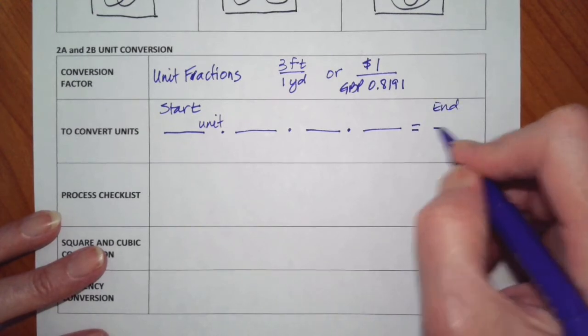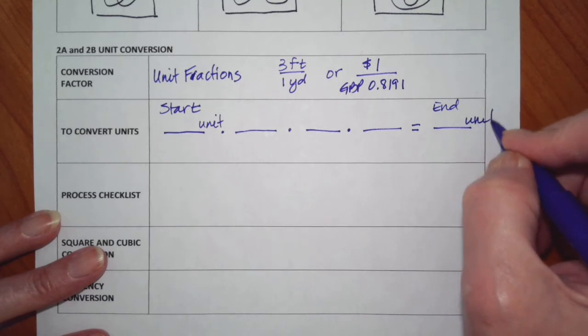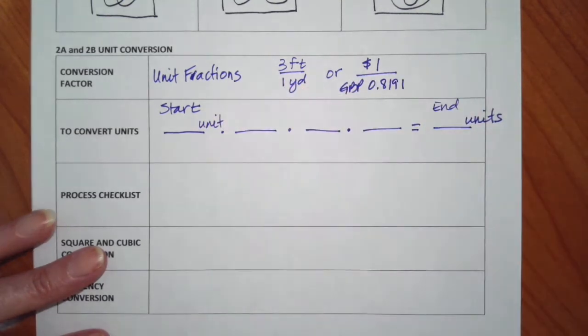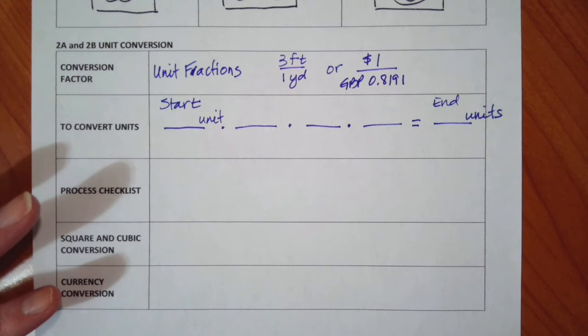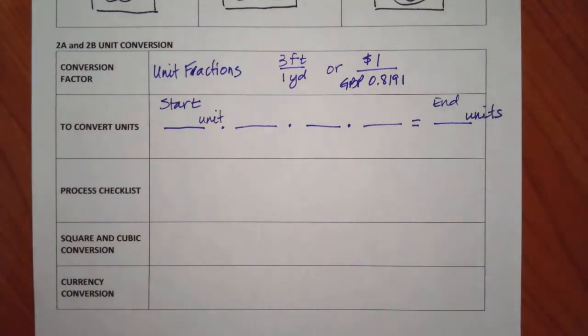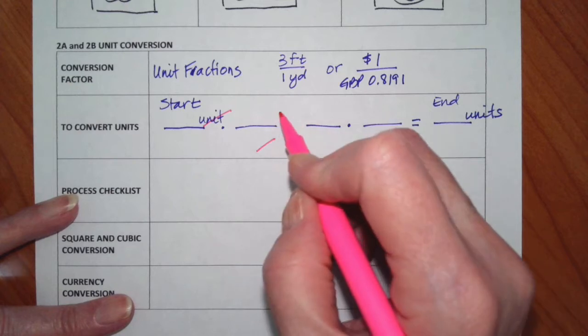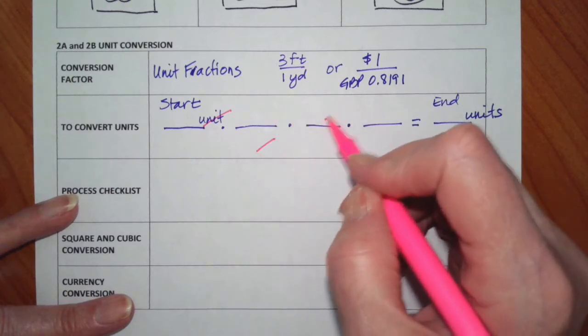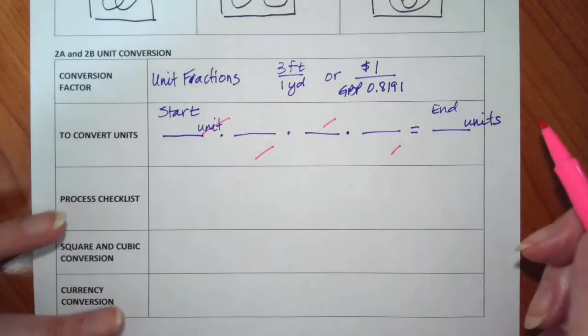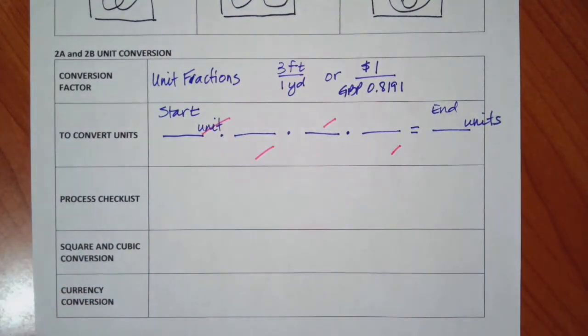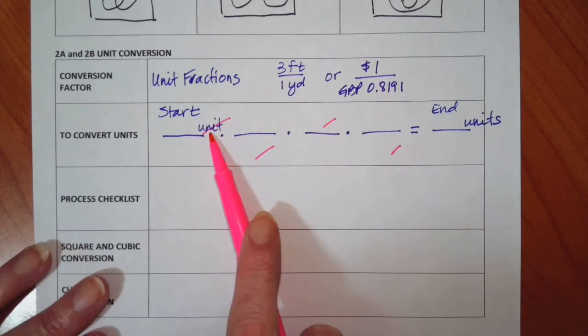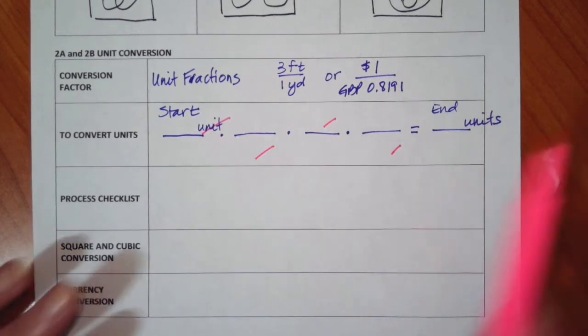What do they want to know? And you're going to have whatever units they are. And in the process, you are going to end up canceling out whatever units are here and here, or whatever the situation is, you are going to end up crossing out units so that whatever you start with, you convert it to whatever you end with.